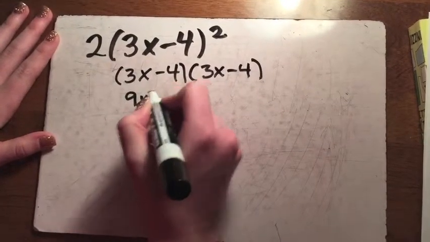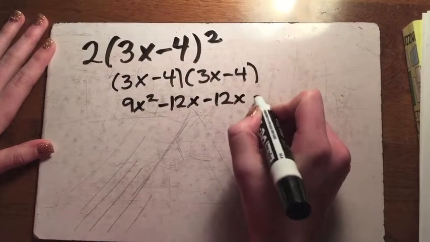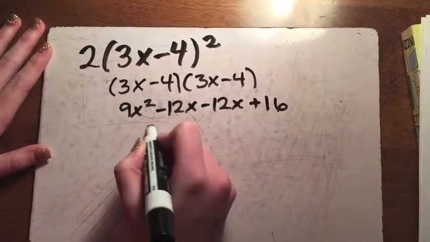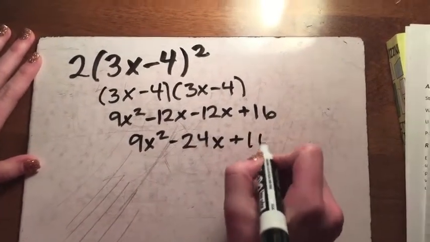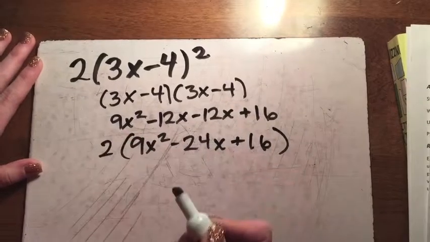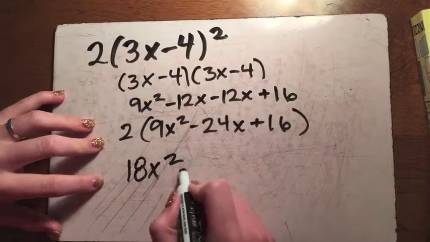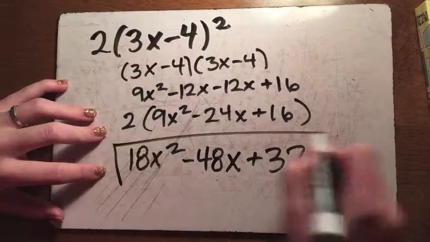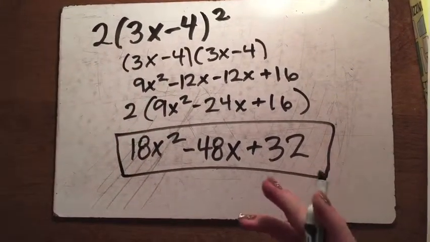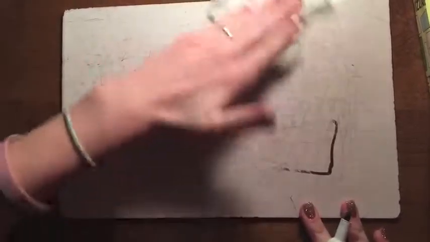So we get 9x squared minus 12x minus 12x plus 16, combine like terms. And the whole thing is times 2, and so the final answer is going to be what you started with. It's a good way to check. I think that you should definitely check, especially if you're uncertain about an answer. But yeah, that is how you factor trinomials.